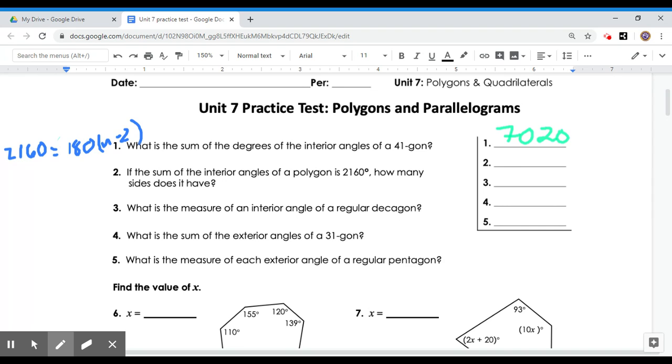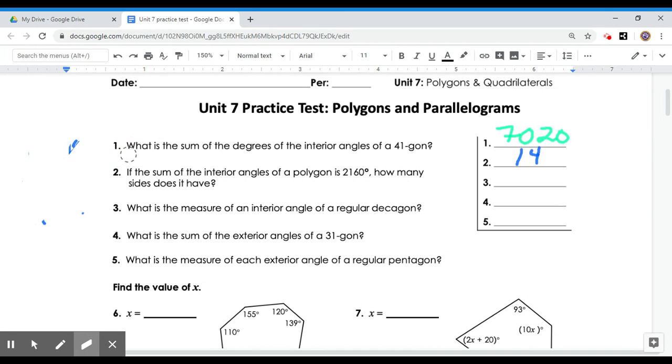So then the way I start this is I start by dividing by 180 on both sides. So 2160 divided by 180 is 12 equals n minus 2. So add 2 to both sides, n equals 14. Number 2 is 14.